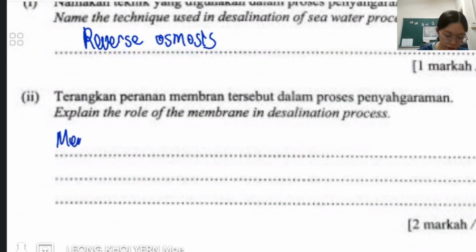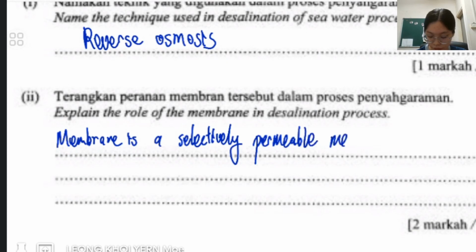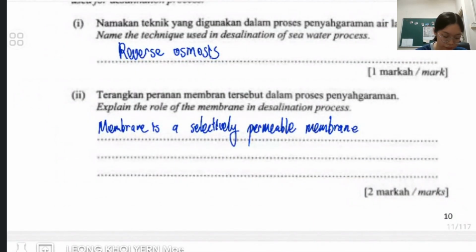The characteristic of this membrane is that it is a selectively permeable membrane. Selectively permeable means it allows some substances to pass through, and some substances are not allowed to pass through. And then pressure will be applied to push the seawater through the membrane.